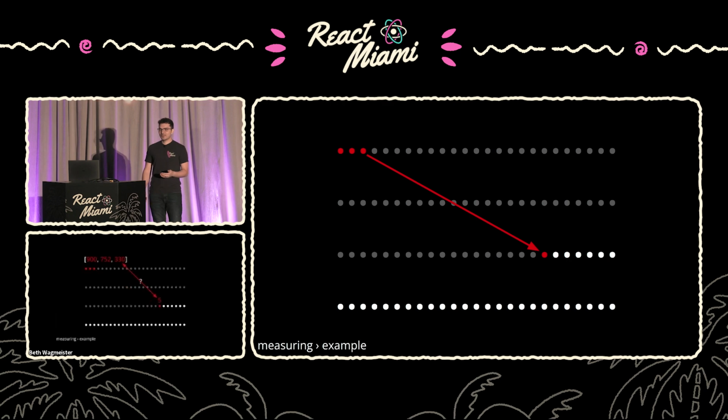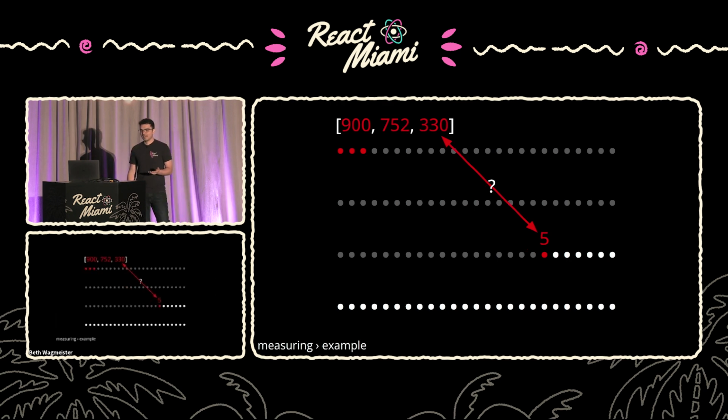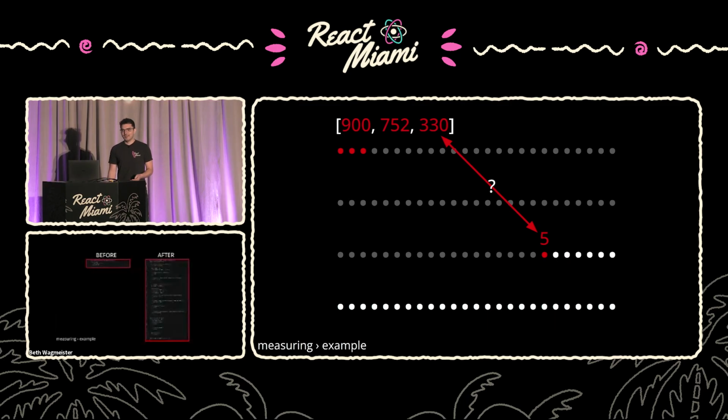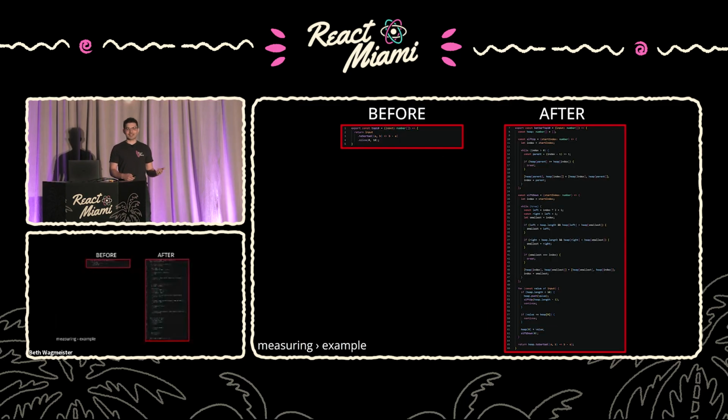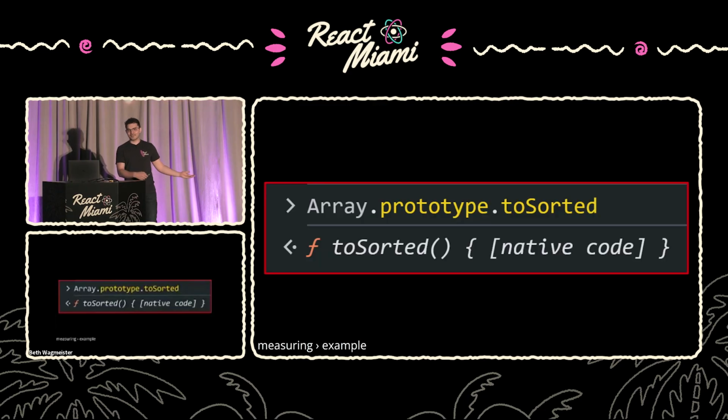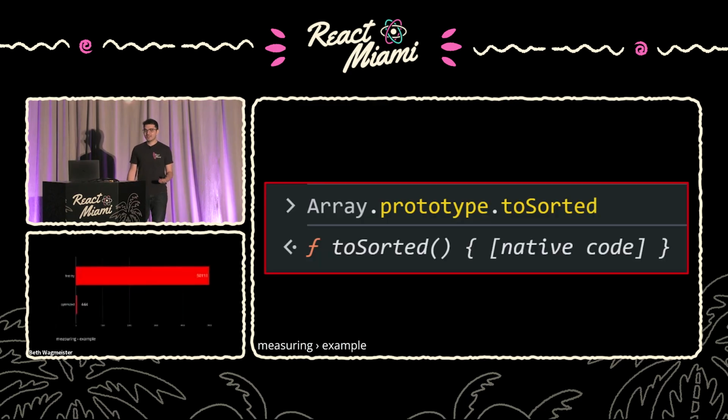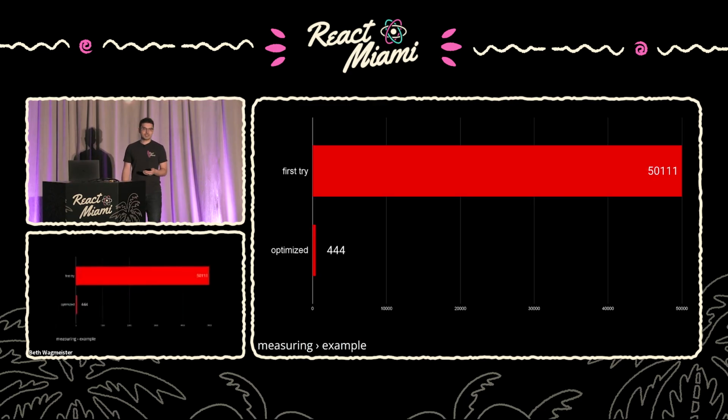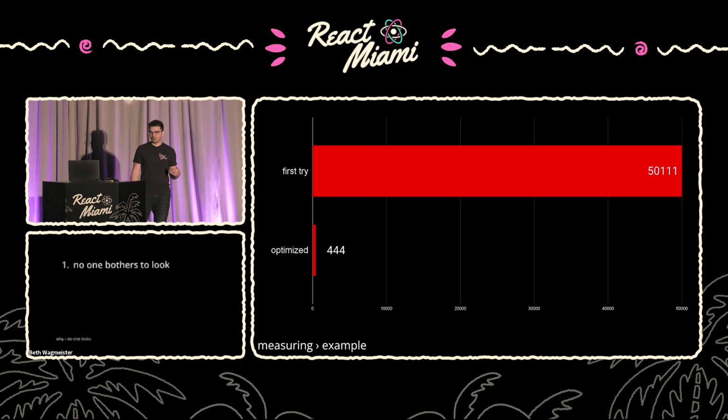No, you just sort the 3 you're keeping, and you only need to check if each item is greater than your current smallest keeper. By definition, 97% of them won't be, so we can just move on. And yes, making this change looks like a lot more code, but if you could read the native sort code, it would look like a lot of code too, and you should feel better to know that our optimization took us from 50 seconds down to 0.4 seconds.